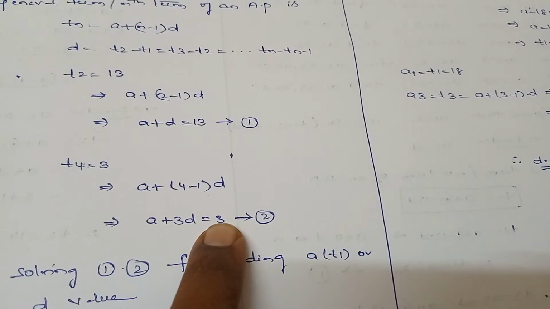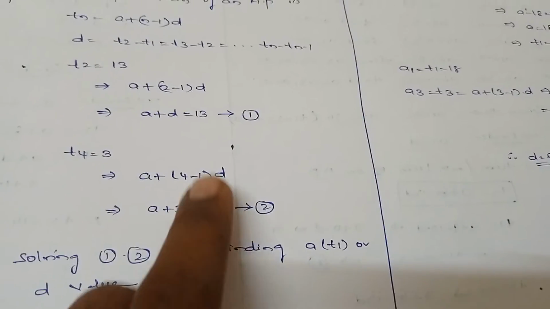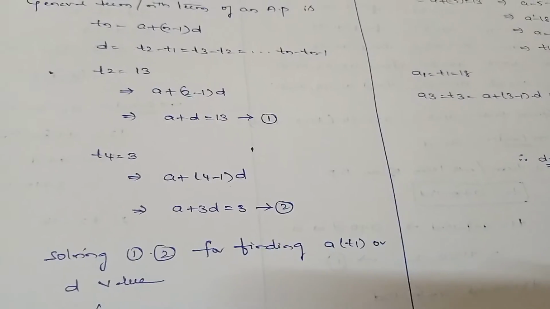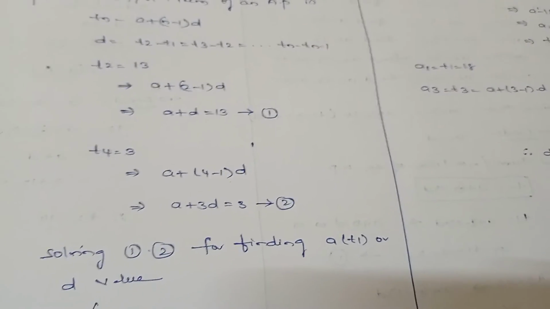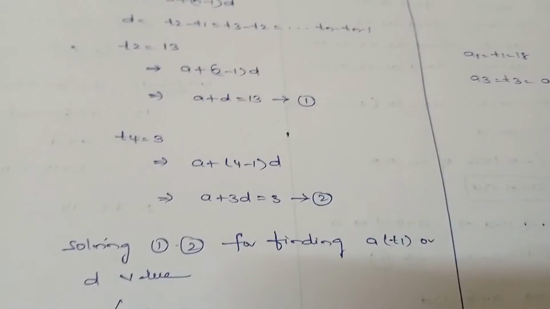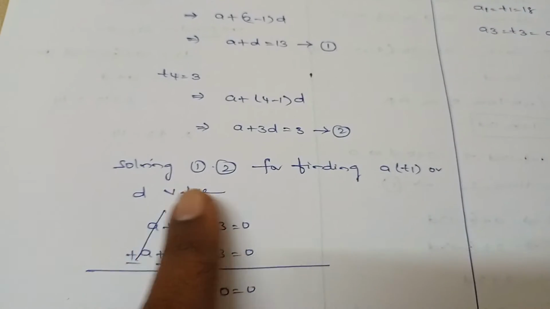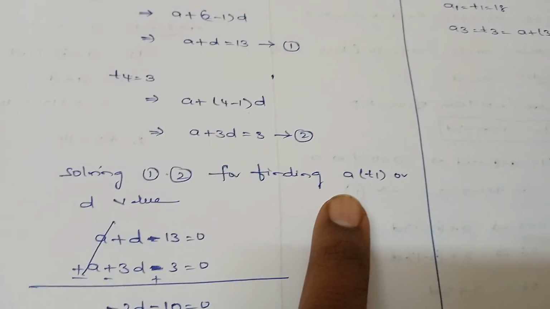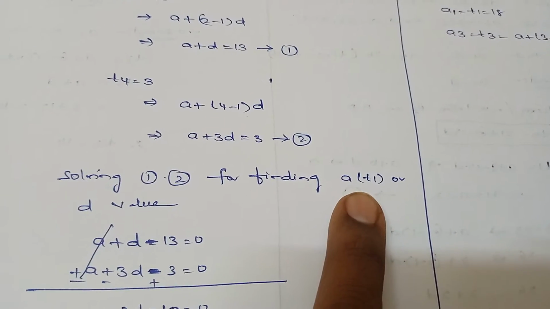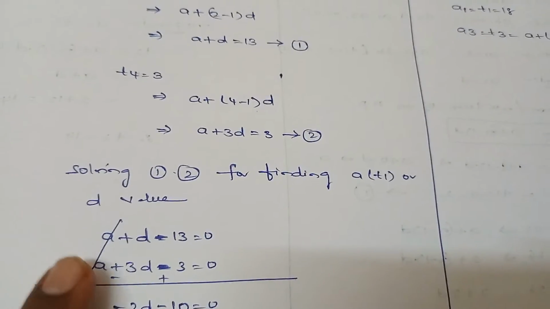So mention in RHS part. Okay, so we got these two equations, right, in terms of A and D. So now you can solve by eliminating either A or D. So solving 1 and 2 for finding A or T1 or first term or D value.